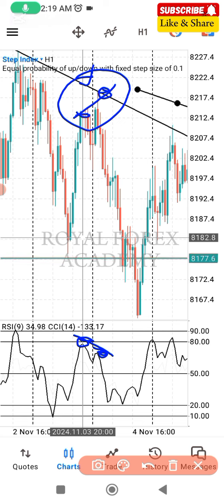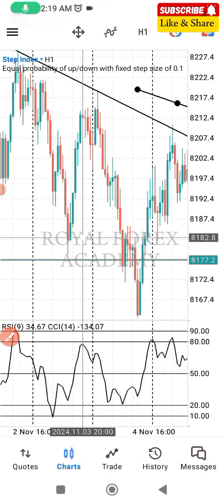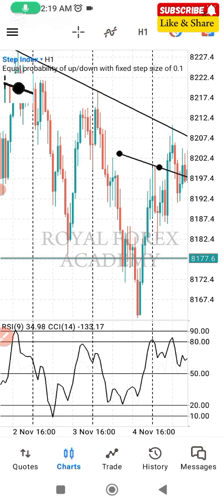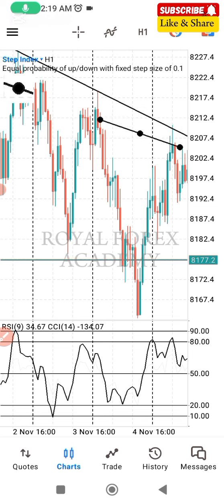So what do you need? This now tells you that this pullback has come to an end. So you now need a candlestick pattern to tell you what exactly to do. And look at here, price now got rejected, gave you a bearish candlestick formation, then with another follow up bearish candlestick formation.